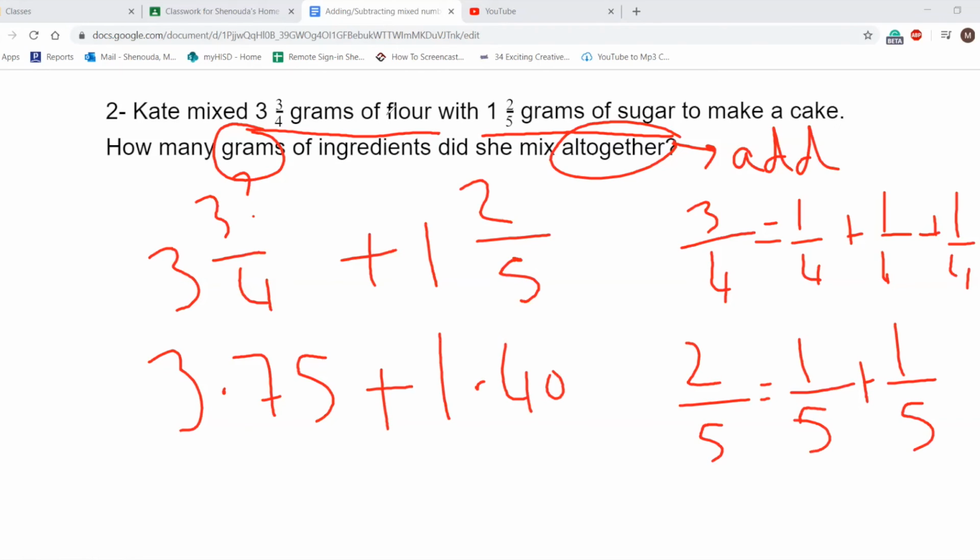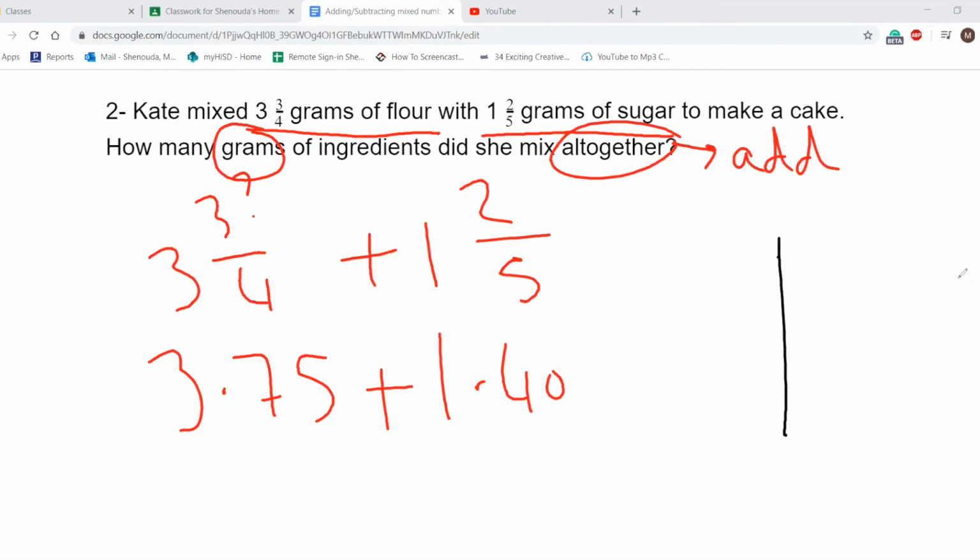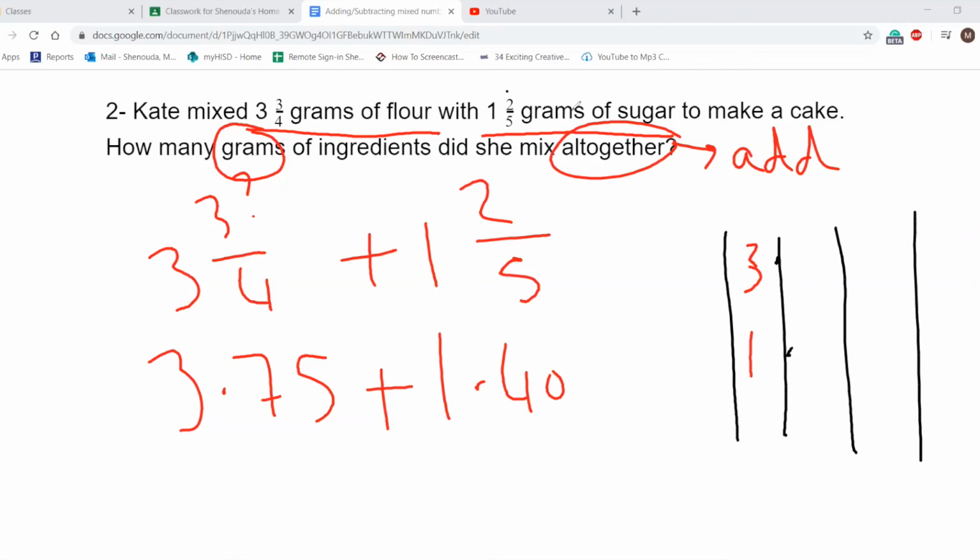Now the next step would be to add the two decimals, and we're going to use the place value chart lines to align them. We're going to start with the decimal point, and in the ones column, I have 3 for the first number and 1 for the second number. For the tenths column, I have 7, and underneath it, we have 4. And last but not least, for the hundredths column, we have 5 and we have 0.